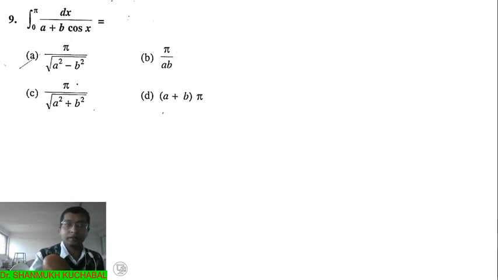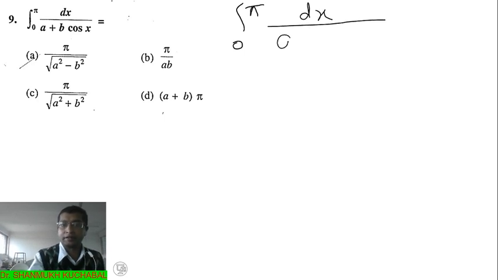Integration 0 to pi dx divided by a plus b cos x. So, the given integral is integration 0 to pi dx divided by a plus b cos x. It is also one of the standard formulas.